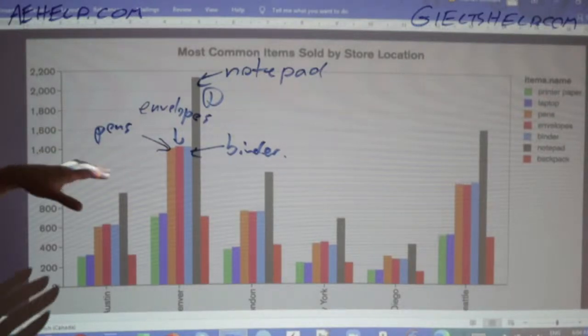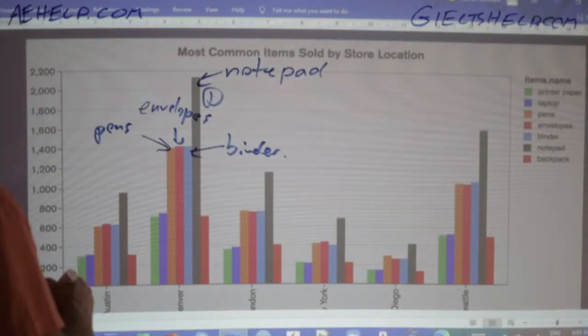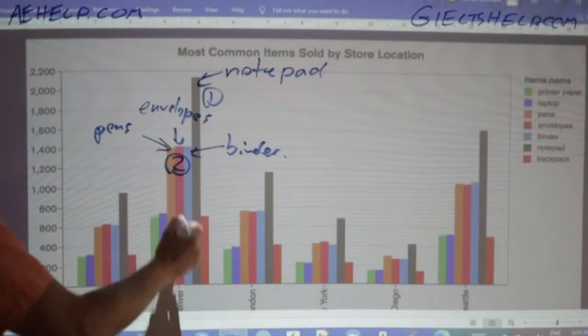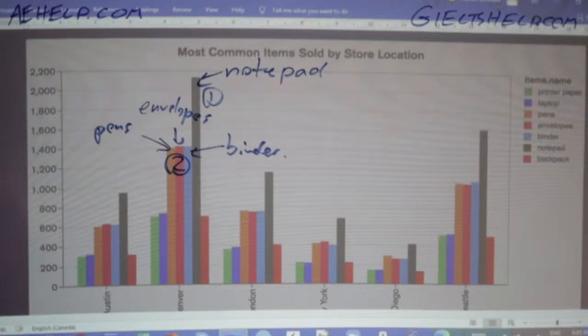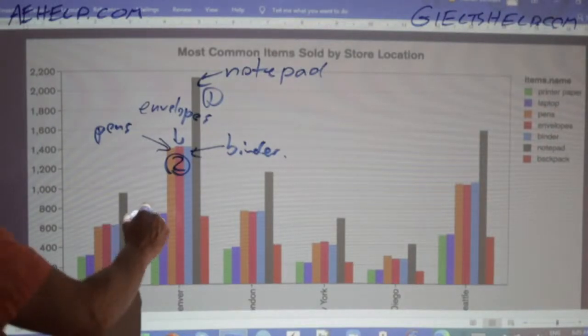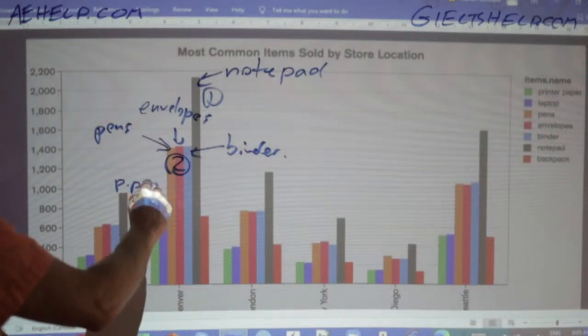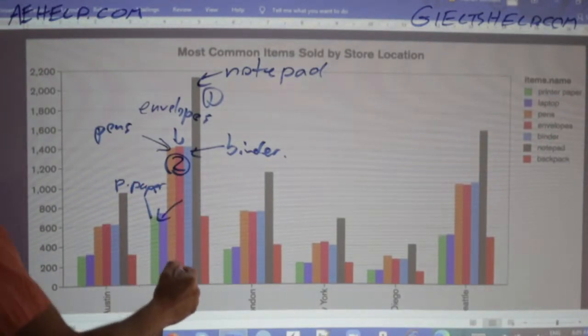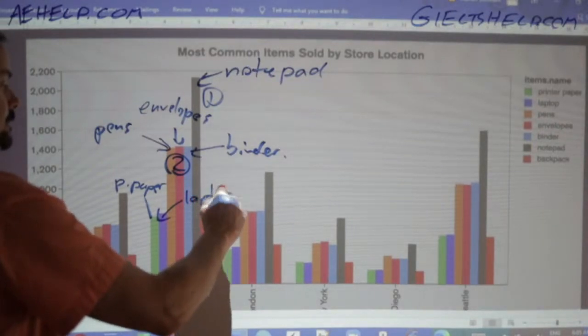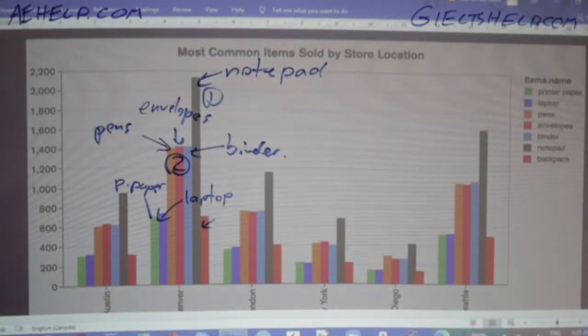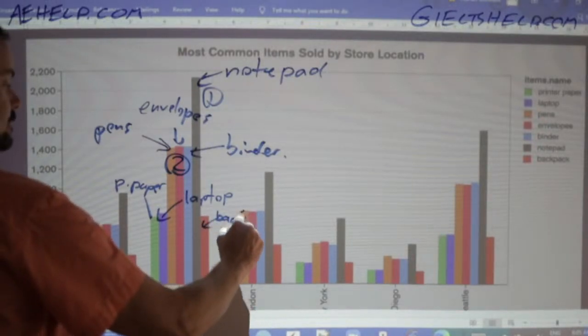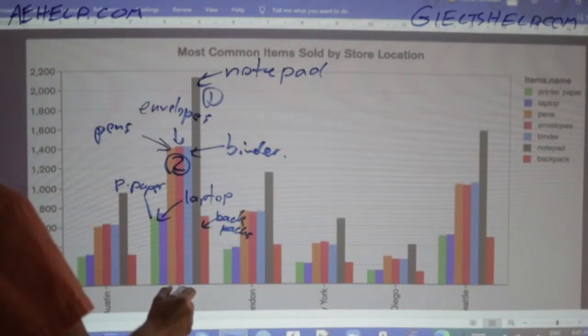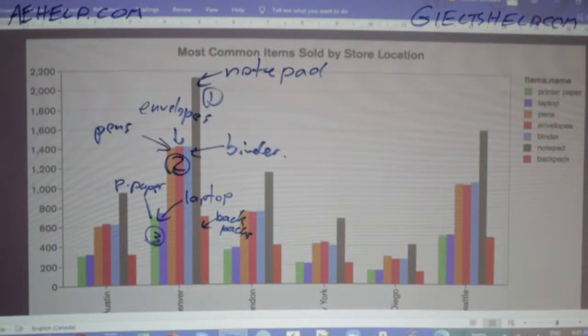So here we want to write about notepad first. We want to write about envelopes, pens, and binders second. And then clearly we're going to write about the printer paper, the laptops, and the backpacks third. All right.